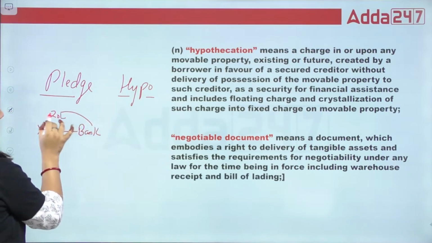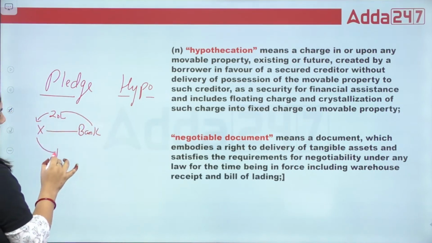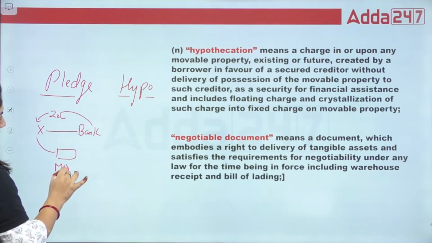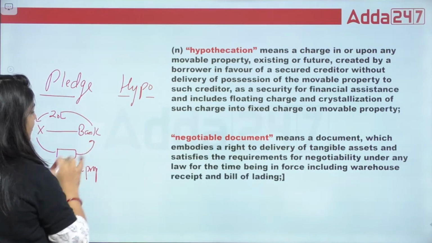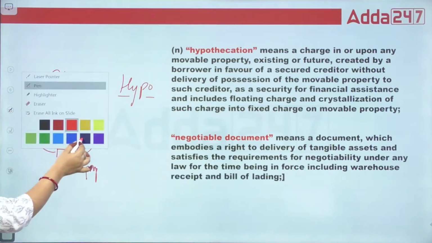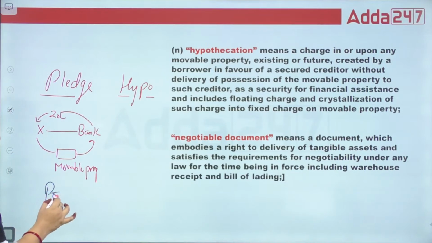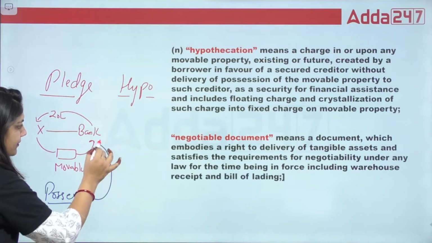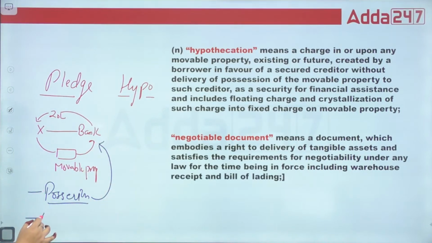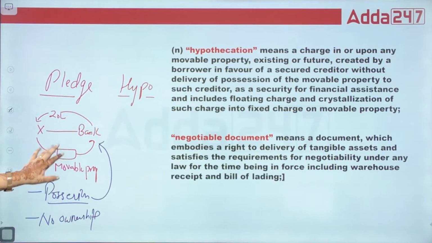Suppose the bank gives 20 lakh rupees to X person, and X person gives movable property as security. Under the pledge, guys, X person has given possession to the bank. No ownership is transferred. This is your pledge, right? And the property given as security must be movable.